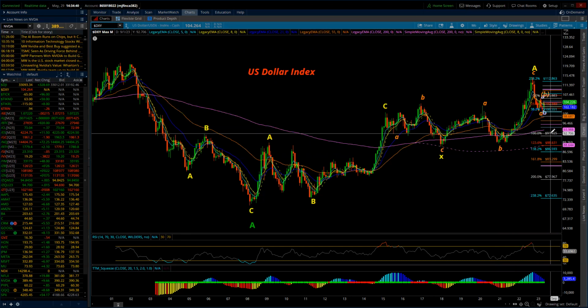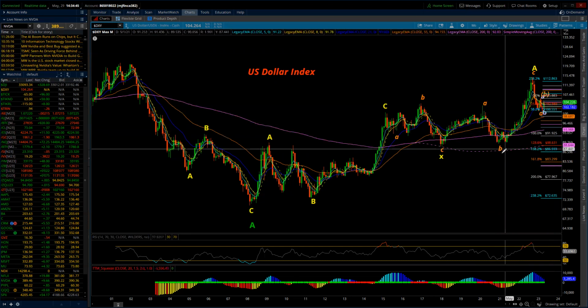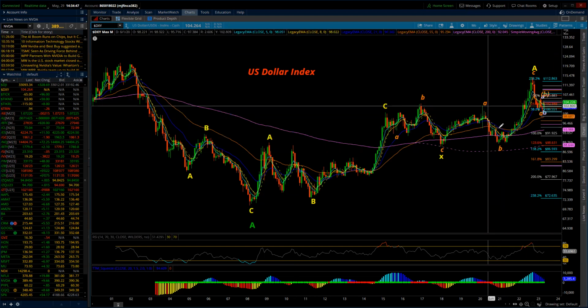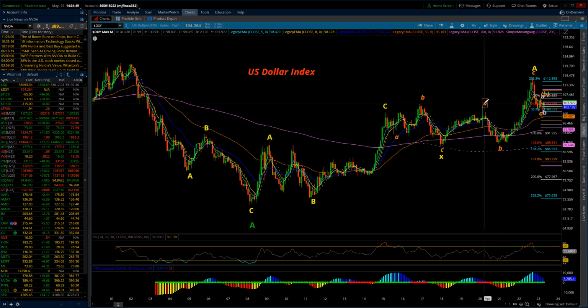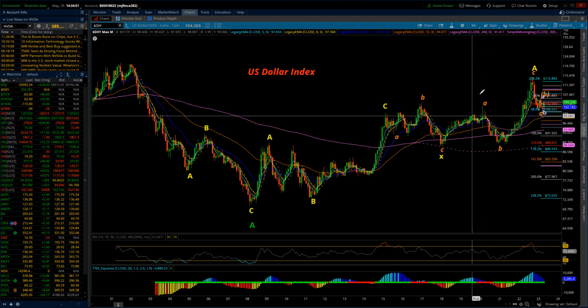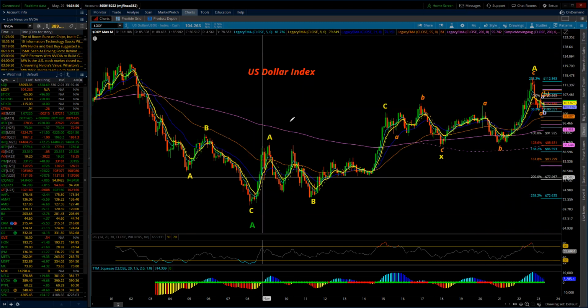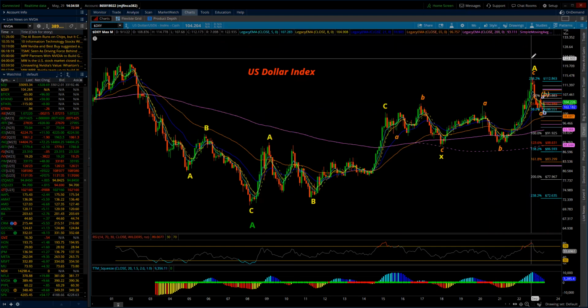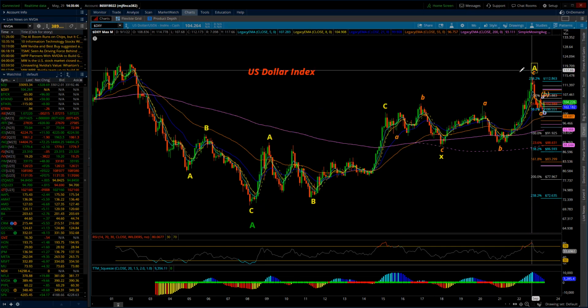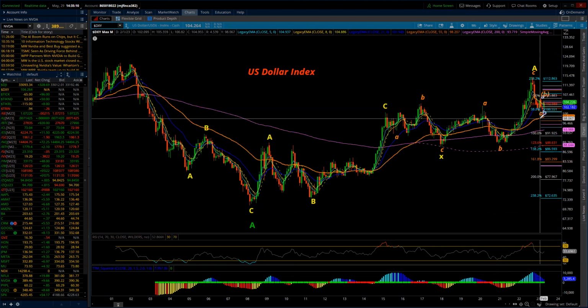The alternate view would suggest that what were put in as minor degree would actually be intermediate degree, and we would show an intermediate A, B, and C, and above that the primary B would already be in place.